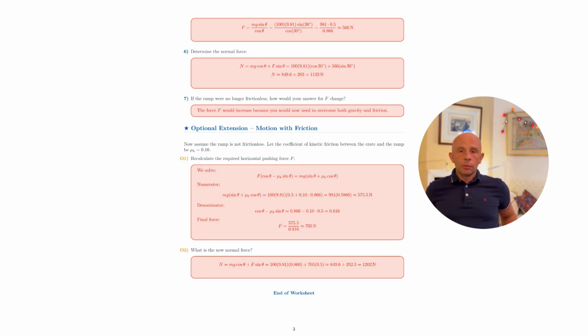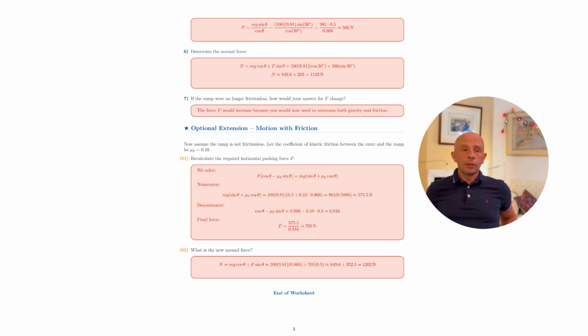Looking at the forces perpendicular to the ramp, the normal force N pushes outwards, balancing the forces pushing into the ramp. Those are the perpendicular component of gravity, mg cos theta, and the perpendicular component of our horizontal push, F sin theta. The equation is N equals mg cos theta plus F sin theta. Using our value for F, the calculation on the sheet shows the normal force is about 1133 newtons.